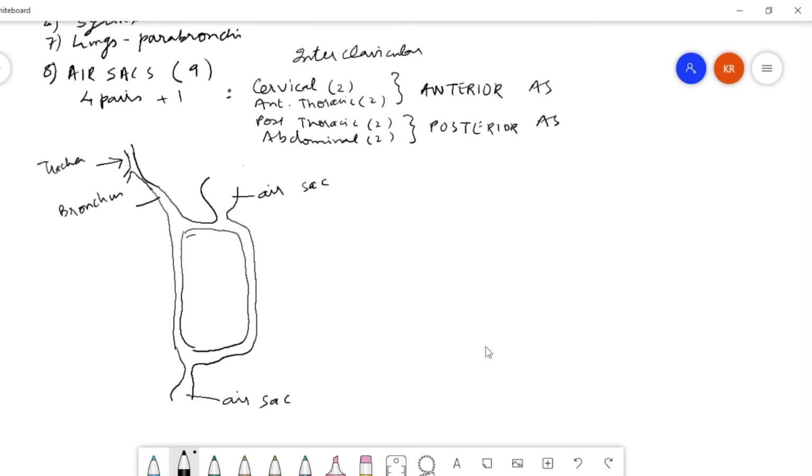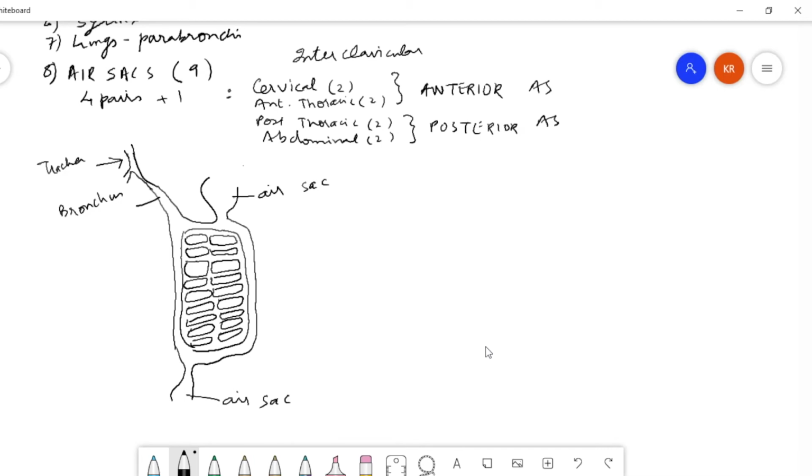And internally, again to make the diagram easier, I am just drawing it like this. Again this is just representative.